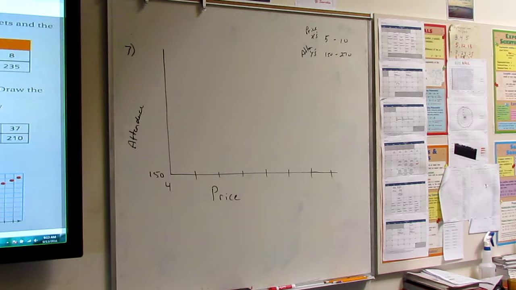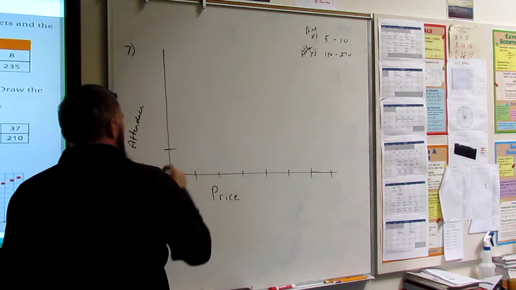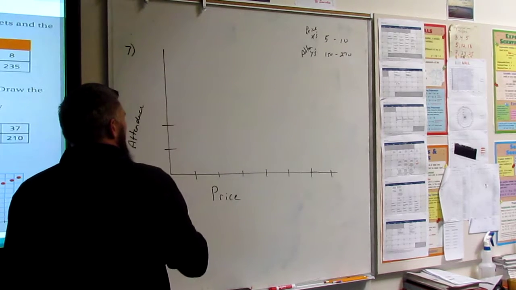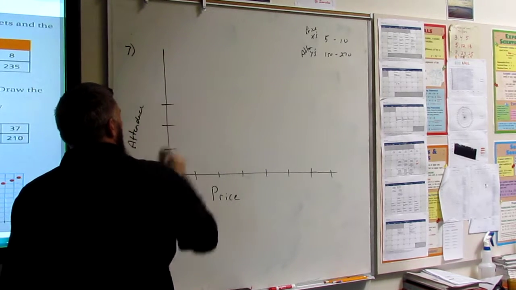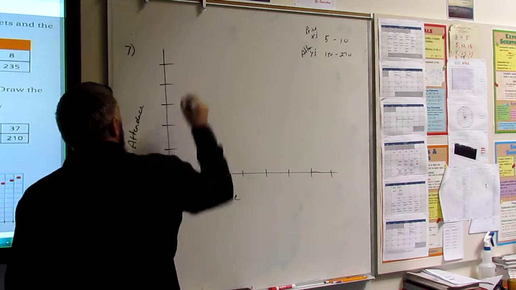And so what we decided last period was 25. 25 kind of works. It gives us good 6, 7 sections. So I can go 150, 175, 200, 225, 250, 275.